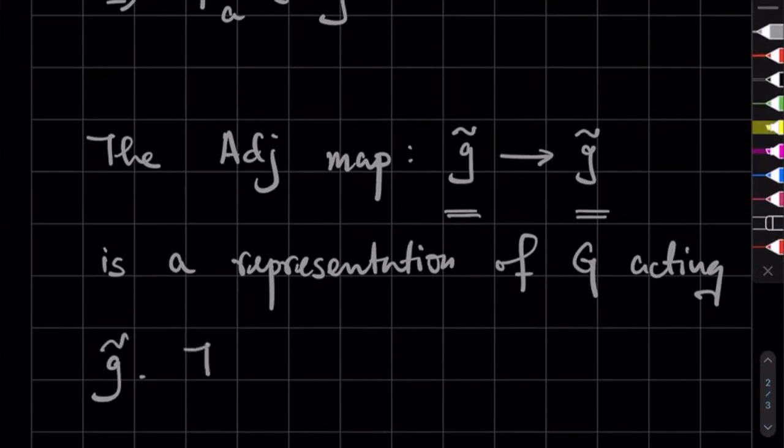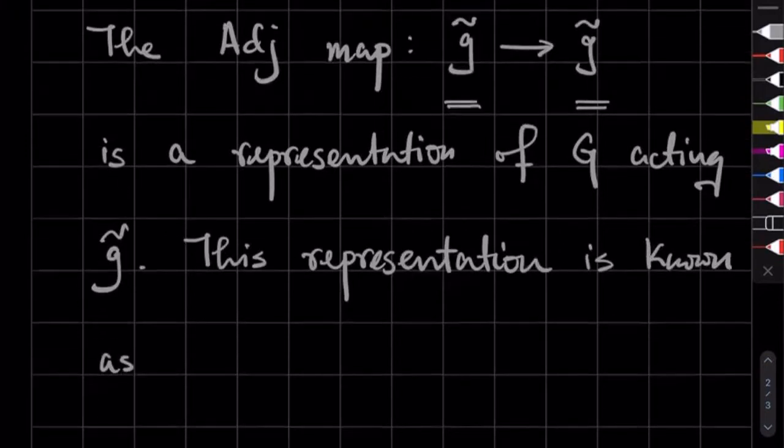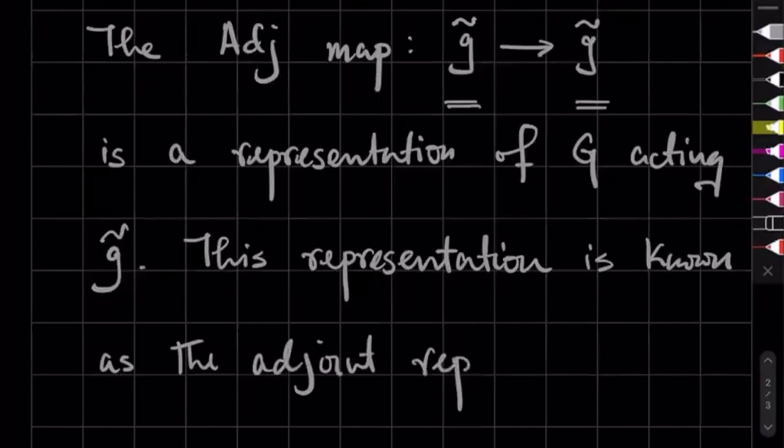And this representation is known as the adjoint representation, okay? It's a very special representation that plays a very important role in the theory of representations.